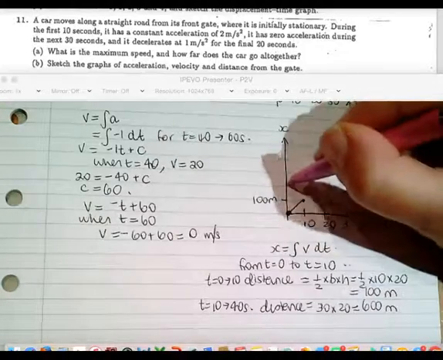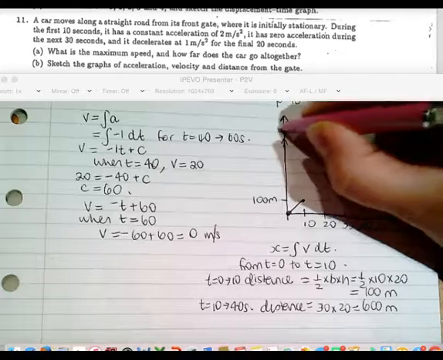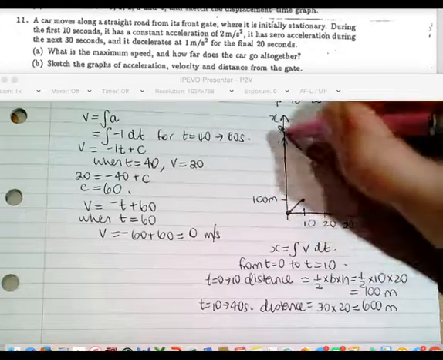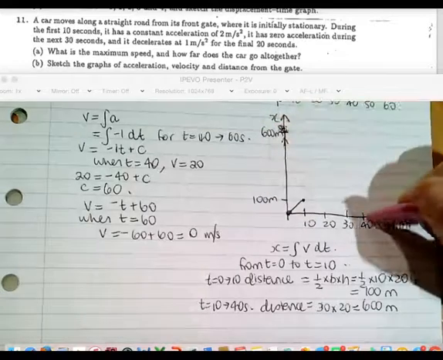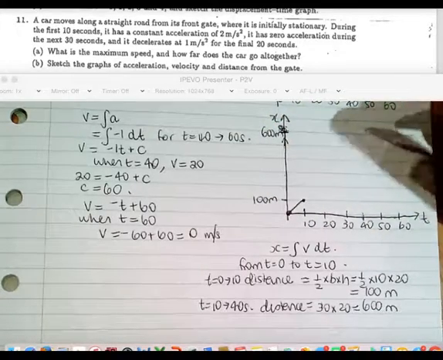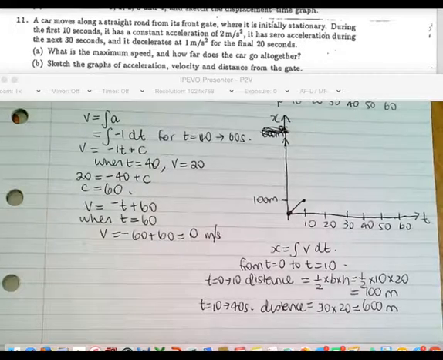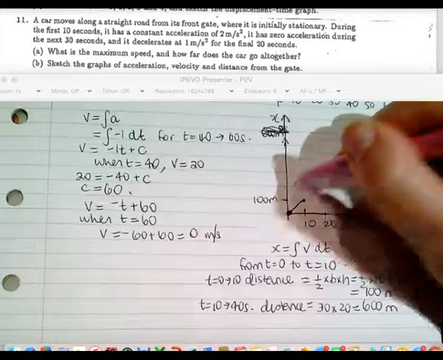So if that's 100, I've got 2, 3, 4. Actually, I might change this scale. I don't know if I'm going to fit everything. 1, 2, 3, 4, 5, 6. So 600 metres over the next, actually, I am going to have to change this scale. One sec. So it travels an additional 600, which should take me up to 700.